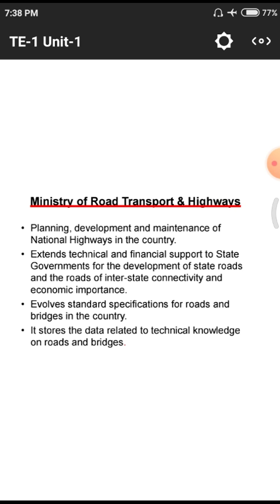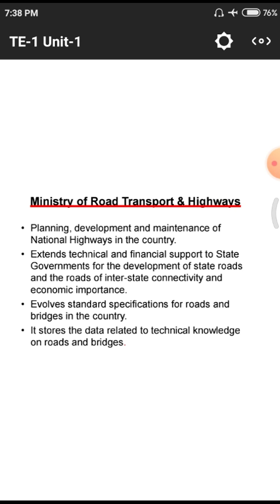In those 20 years they fixed a particular aim, that means for every square kilometer we need to develop 0.6 kilometers of roads. Like that, every 20 years they need to do particular projects for implementing road transportation systems in the country, so they need to plan, develop and maintain the national highways.